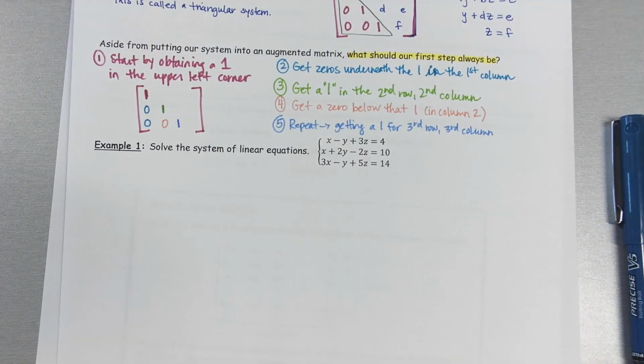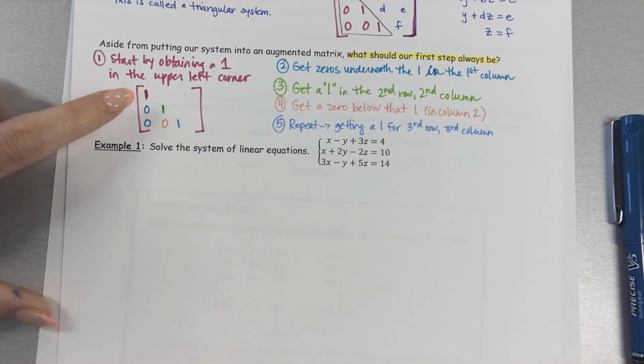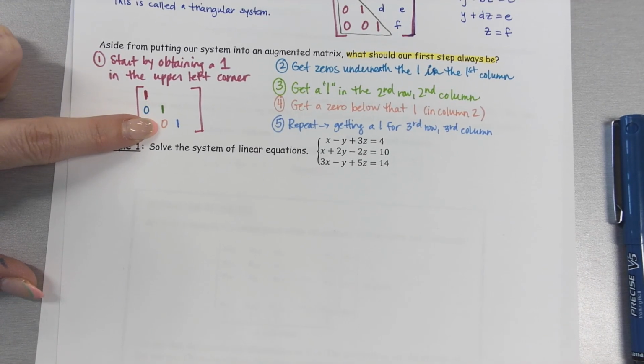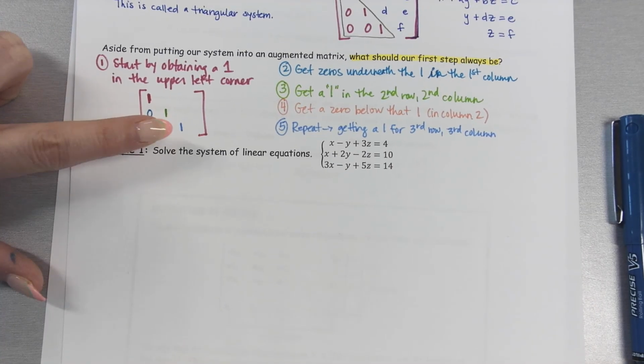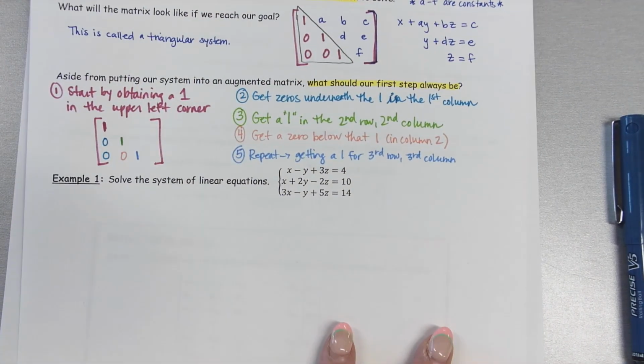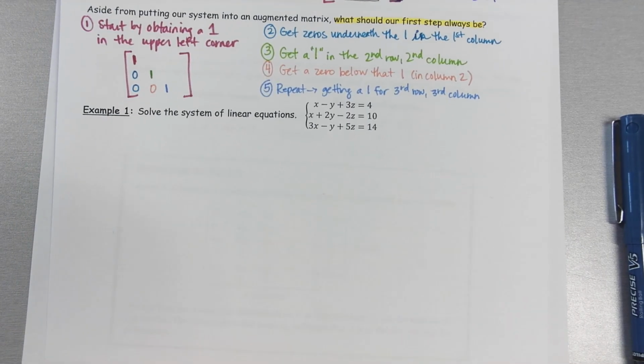There are no more rows below that, but if there were, you would get zeros below that 1 and it would keep going. So we get a 1, we get the 2 zeros. We get a 1, we get the 0 below, we get a 1 here. Once we've done that, we have the triangular system and we can use back substitution.